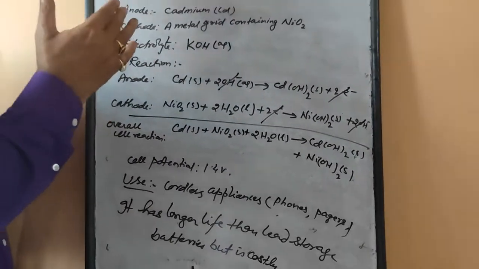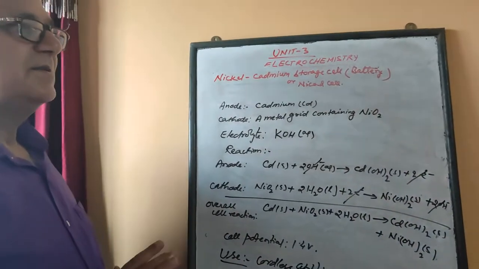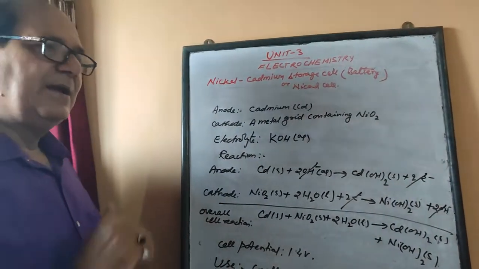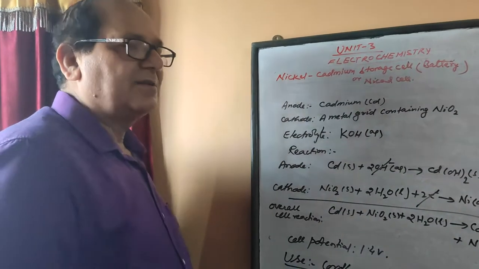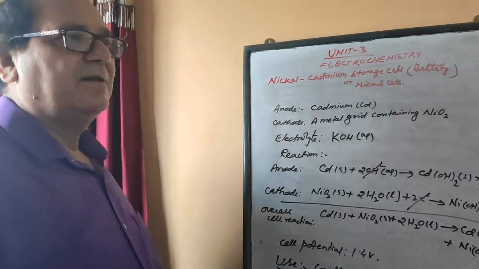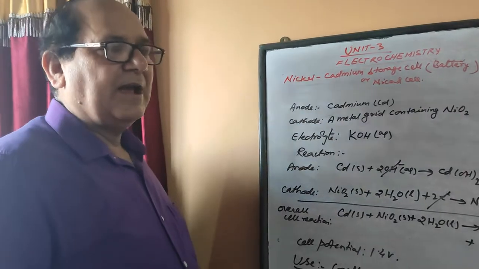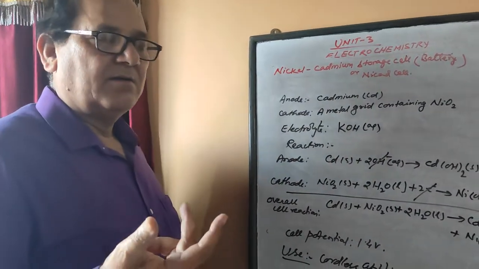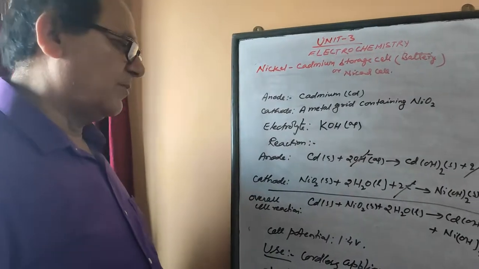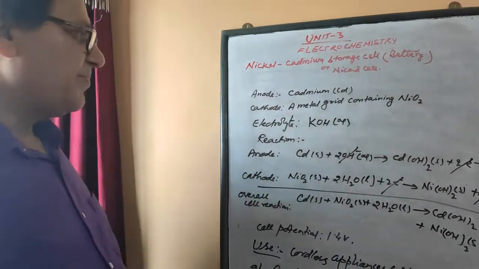So today it is all about batteries. Only one lecture is required here. In the next lecture I will explain the fuel cell, corrosion and prevention of corrosion, or prevention from rusting. That is the last lecture.